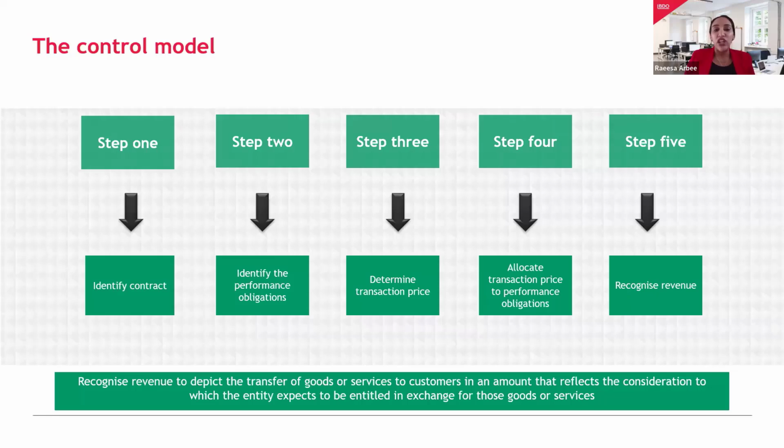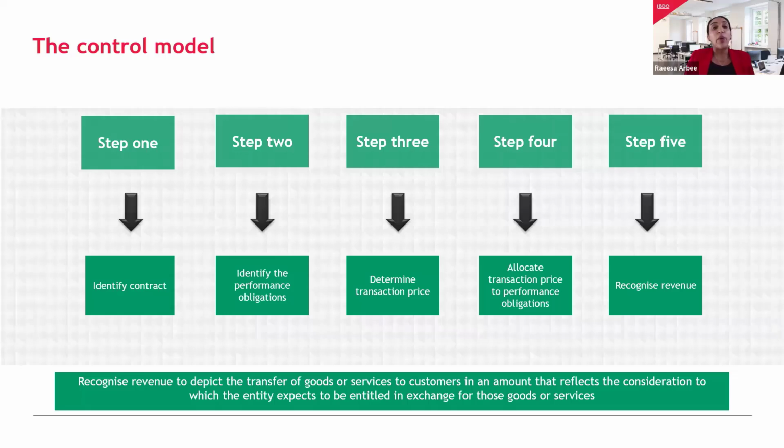So this may mean changes in the timing and profile of revenue recognition for some entities. Revenue will now be recognized when or as control over goods or services are transferred to the customer. This is in contrast to the previous Section 23, which was based on an analysis of the transfer of risks and rewards.